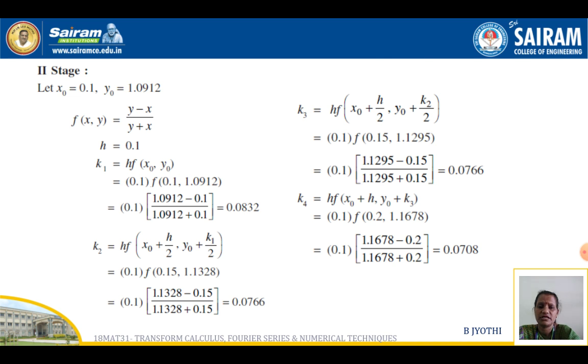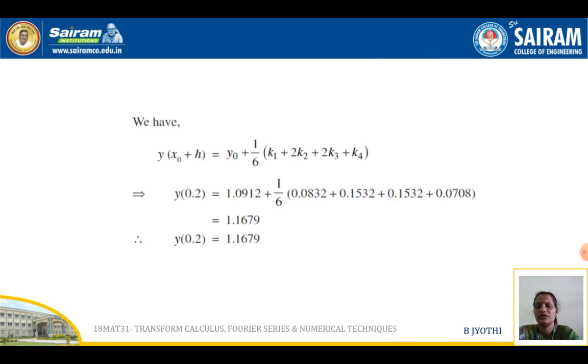These are the values we are getting. Let us substitute in the formula. Y of x naught plus h is given by this formula, and substitute the values of k1, k2, k3 and k4. We get 1.1679. This is the final answer for y of 0.2 for this problem.